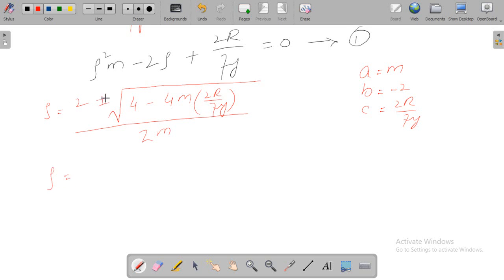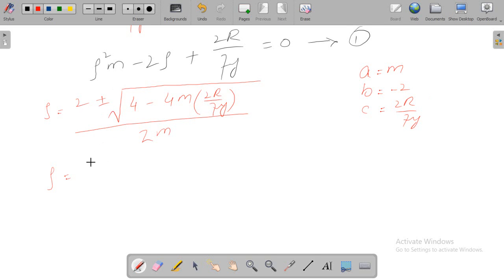Now we have to take the positive root as well as the negative root. So let's say we are taking the negative value, because we have minus minus.